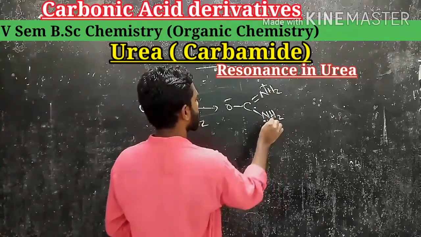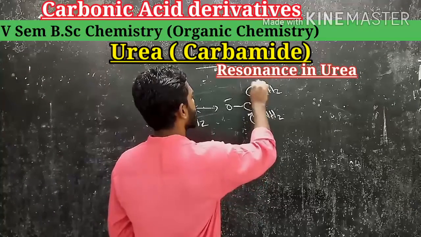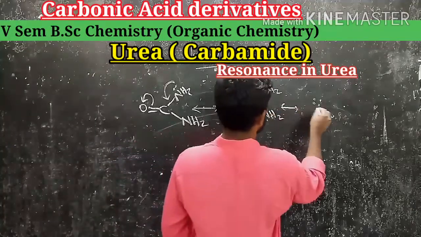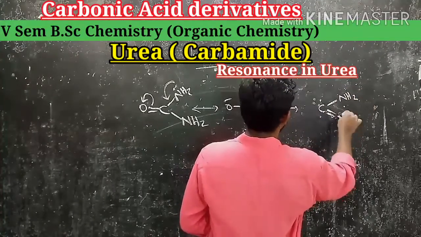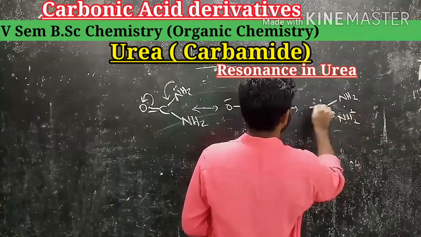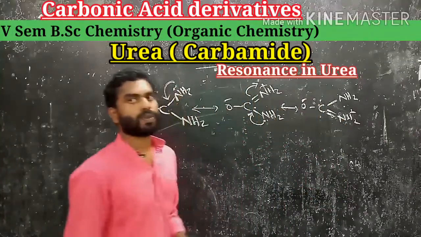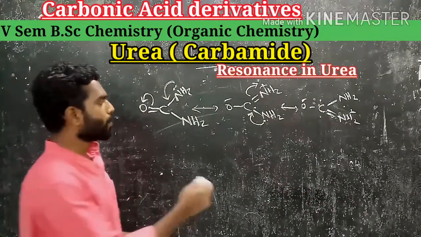In the resonance structure, the nitrogen lone pair shifts and you will get another resonance structure with NH2 plus and O minus.